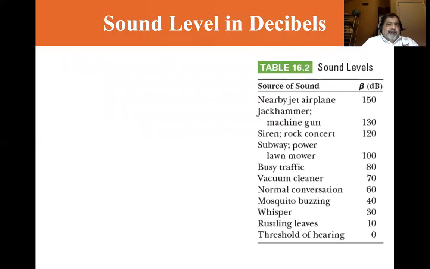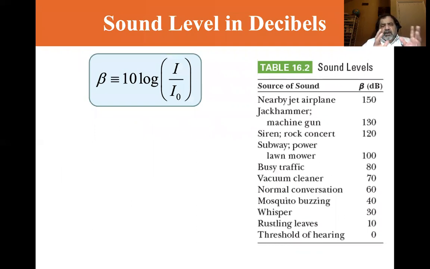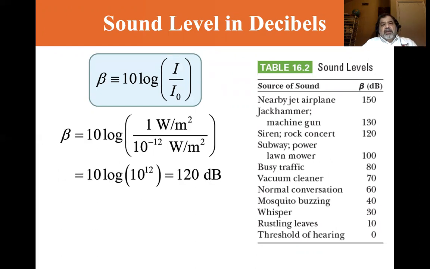Okay, so we're going to discuss sound level in decibels. The decibel, here expressed as beta, is defined as 10 log of the intensity divided by intensity zero, the minimum intensity, which is the threshold of hearing, and it's 10 to the minus 12 watts per meter squared.